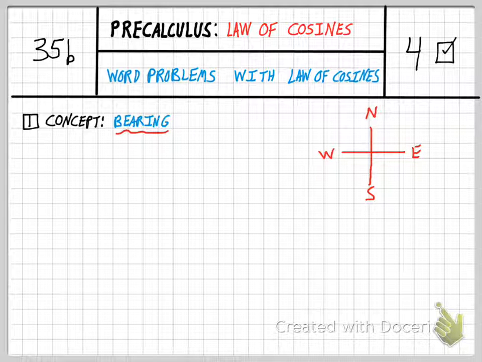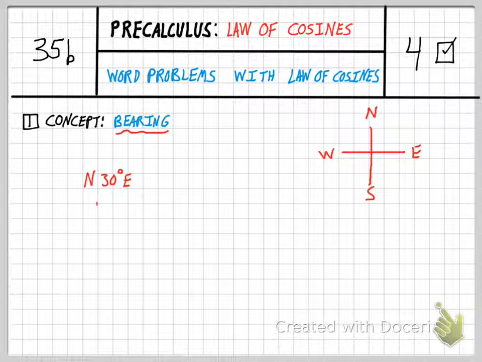A bearing is simply going to be a measurement of an angle based on this, but it's very different than your unit circle, so it's important to understand what some different bearings are. I'm going to look at a specific example: north 30 degrees east. The way you want to interpret that is you want to point yourself north.